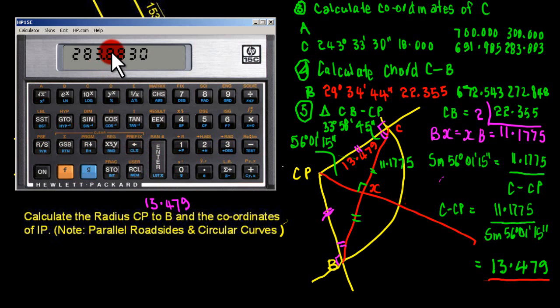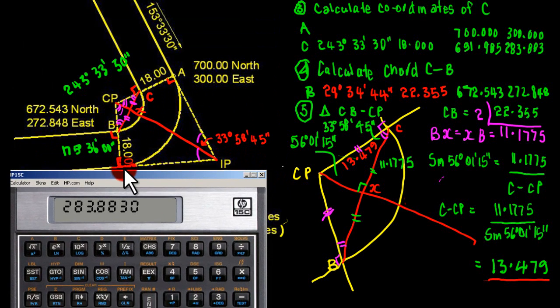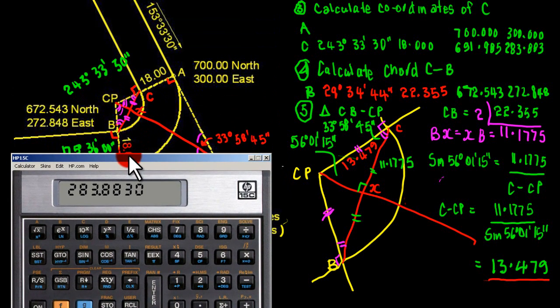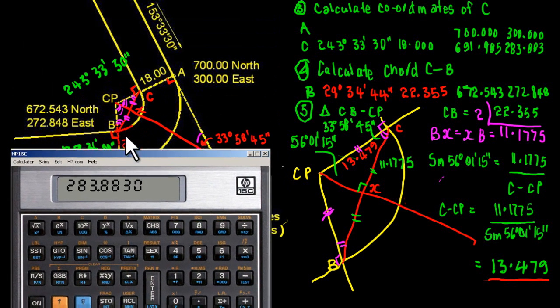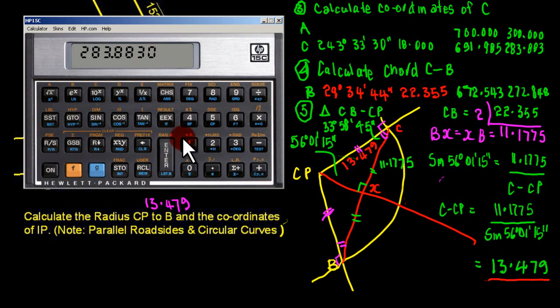and XY that 283,883. Now the next step in the line is to calculate the chord C to B, or C as I have labelled it, and seeing we've already got the coordinate of B determined, and we know that C is this coordinate here, all it remains to do is to key this in. 272.